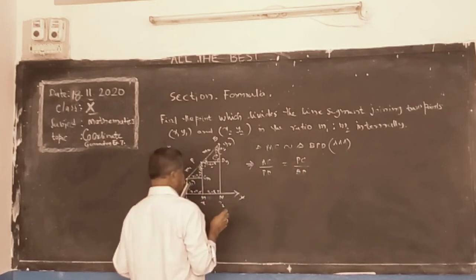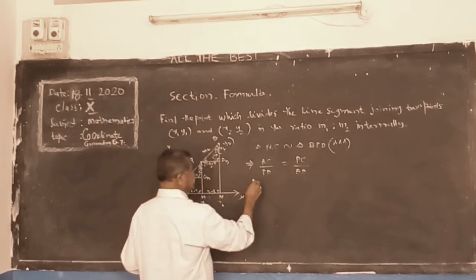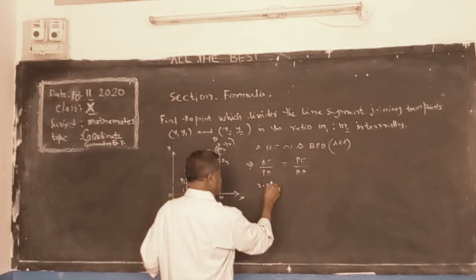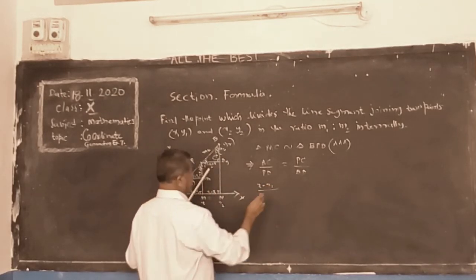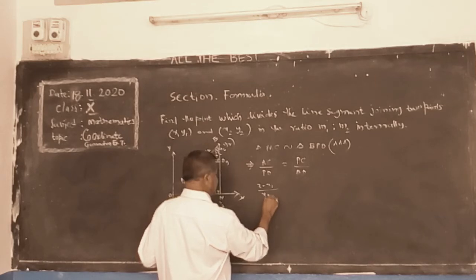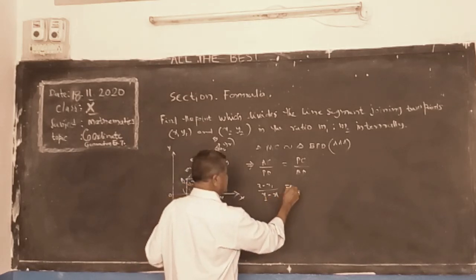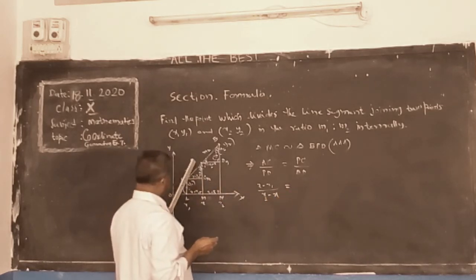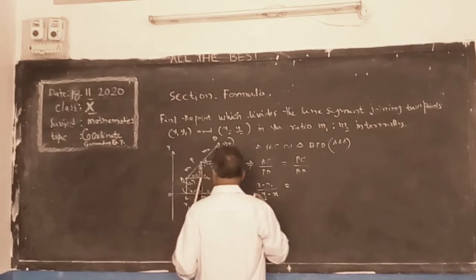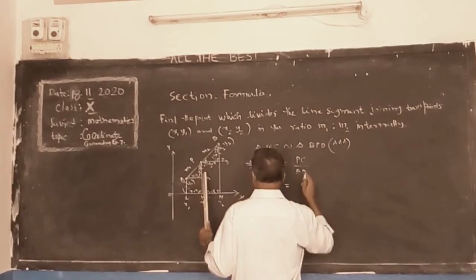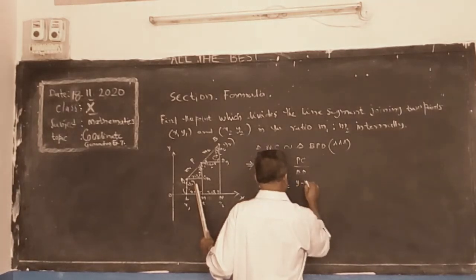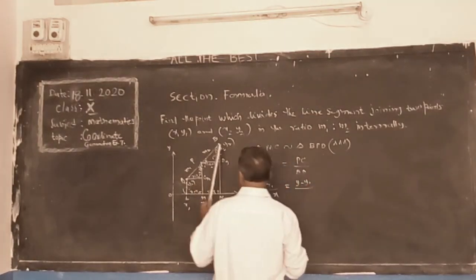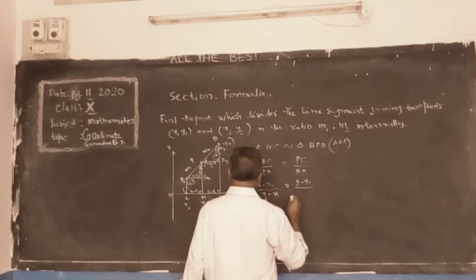Now write AC: x minus x1, by PD, x2 minus x, is equal to PC, which is y minus y1, by y2 minus y.